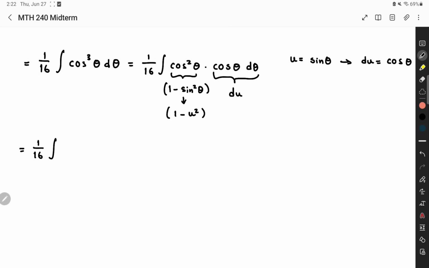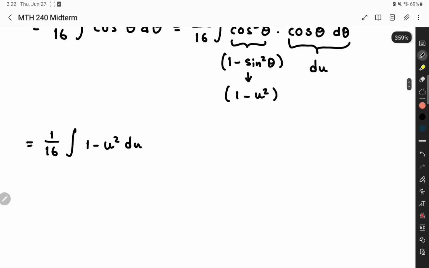Let's rewrite it. So we just have to integrate now 1 minus u squared du. And we just have to integrate this. So this is pretty straightforward. This will give us 1 over 16. And then the integral of 1 is just u. And the integral of u squared is just going to be equal to u cubed over 3.